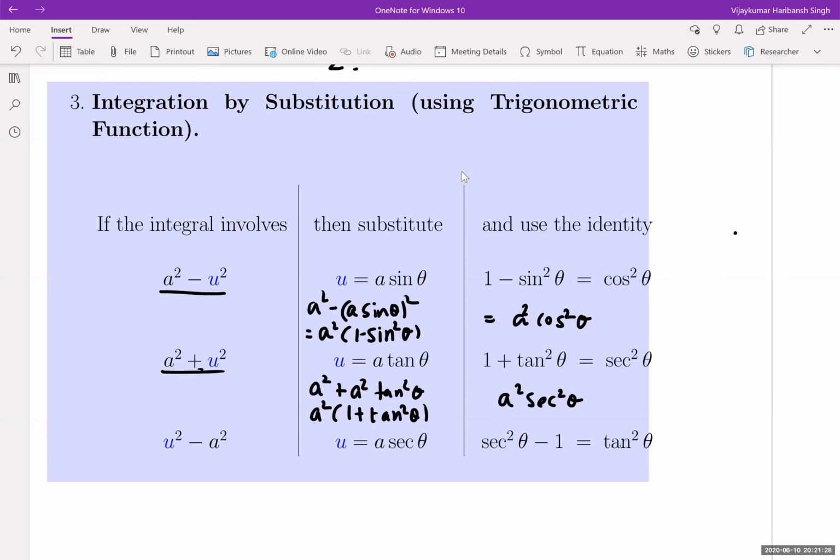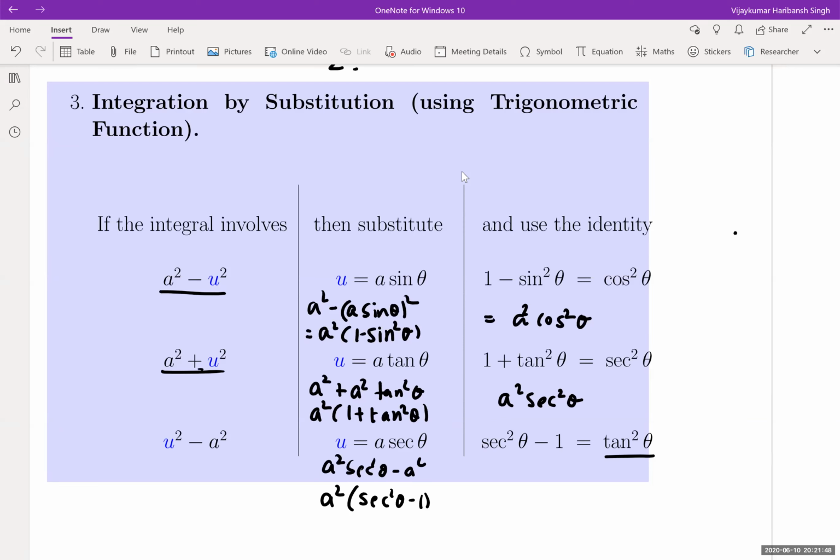Similarly, if you have u square minus a square, then you use u equals a secant theta. Why is that? Because you get a square secant square theta minus a square. Take a square common, you get secant square theta minus 1. And then secant square theta minus 1 is tan square theta, so it simplifies.